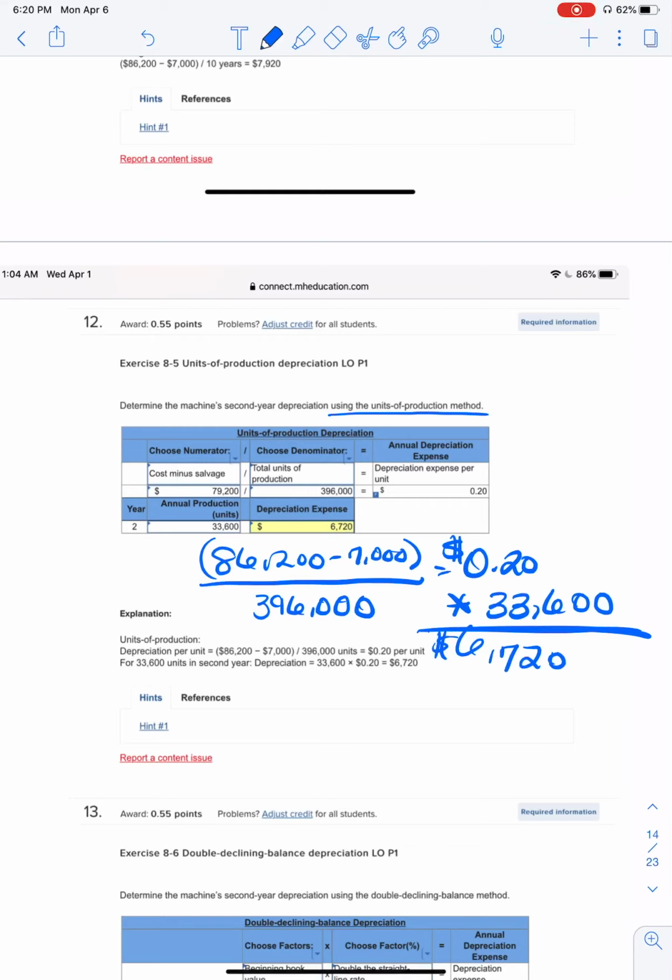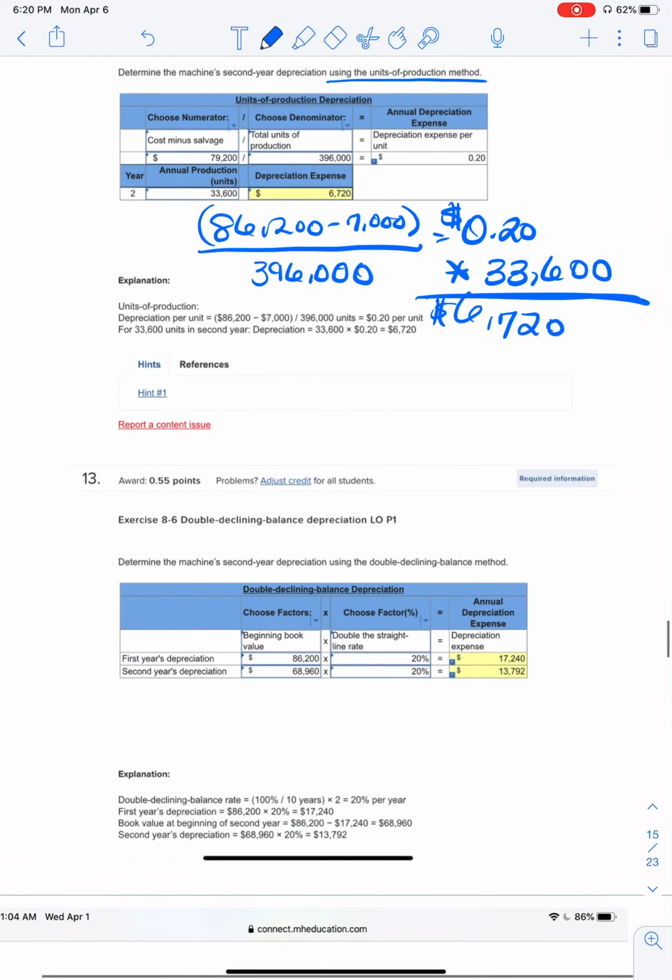If I buy a piece of machinery at the beginning of December and only have it for 1 month before the end of the year, it makes sense that I'm going to use that machine less than a piece of machinery that I buy on January 1st that I have the entire 12 months to use. So the units of production method already accounts for time, just in a little bit different manner. So that takes us through to the end of number 12.